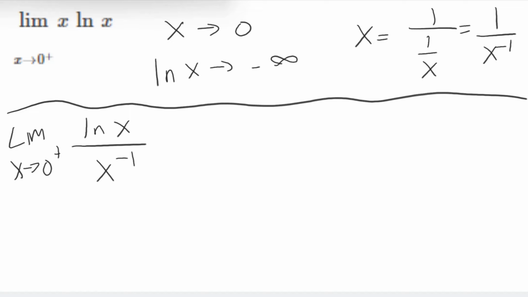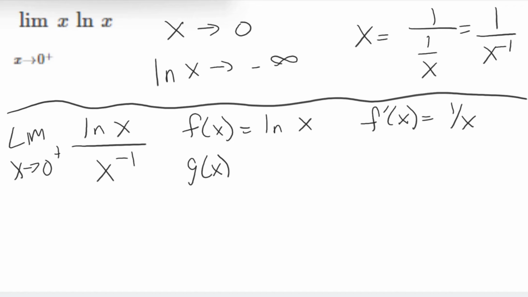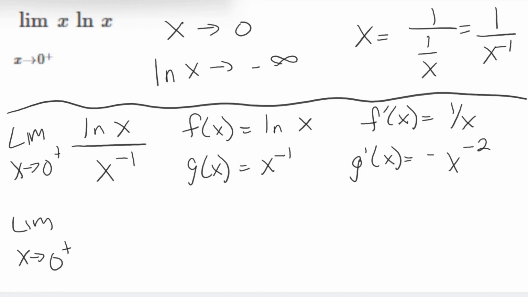Okay, so now let's do my derivatives. So I now have my limit of 1 over x and negative 1 over x squared, which ends up being negative x, which goes to 0.